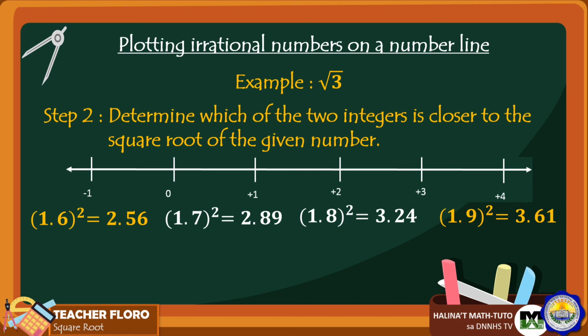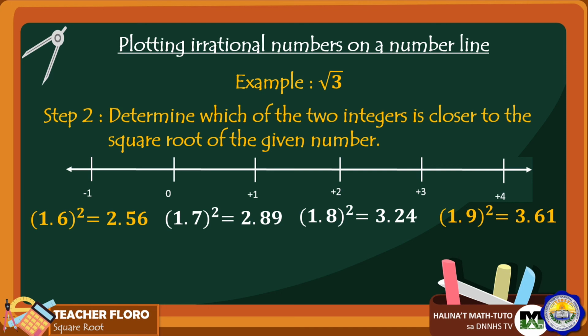If we square these numbers, 3 will fall between 2.89 and 3.24. So, the square root must be between 1.7 and 1.8. 3 is closer to 1.7 than to 1.8.